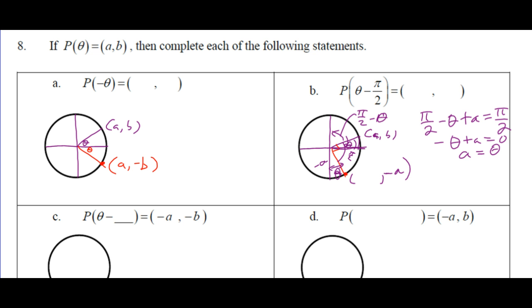The side that is opposite theta is b, so this side here is the b value, which is x. So the x value is b, and the y value is negative a. So the point is (b, negative a).